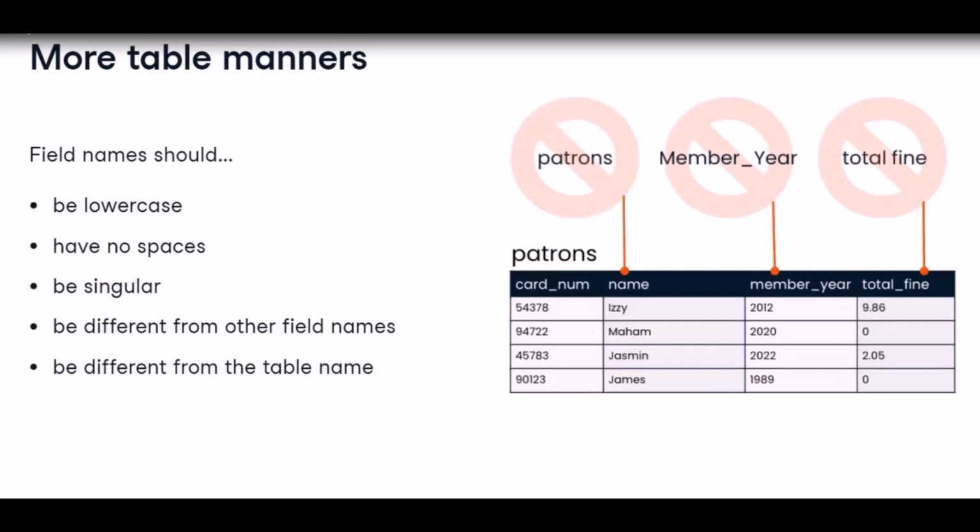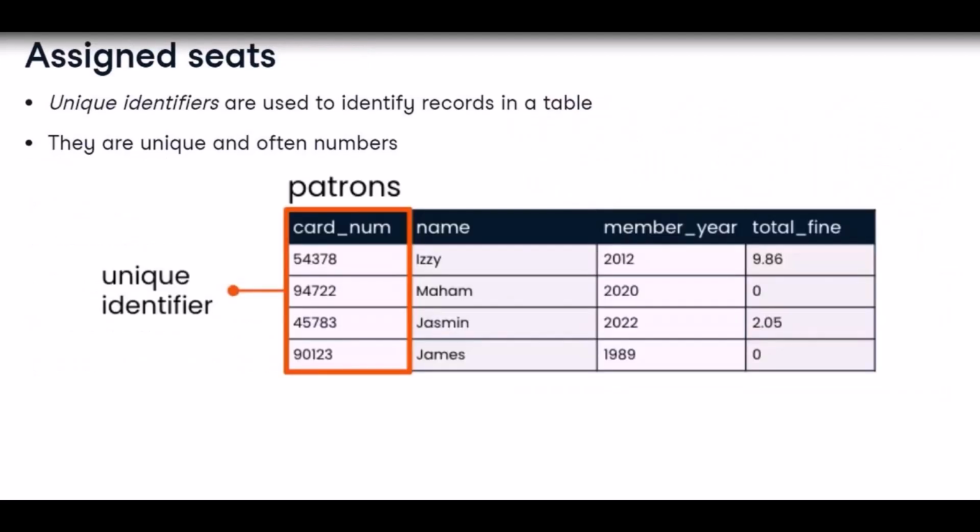A unique identifier, sometimes called a key, is just what it sounds like, a unique value that identifies a record, distinguishing it from other records in the same table. This value is often a number.